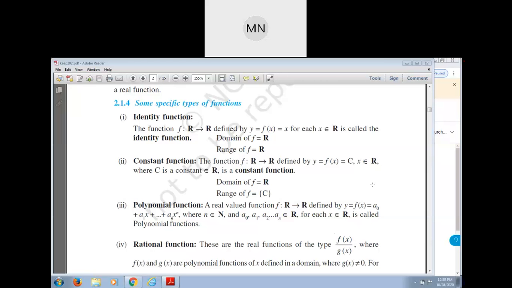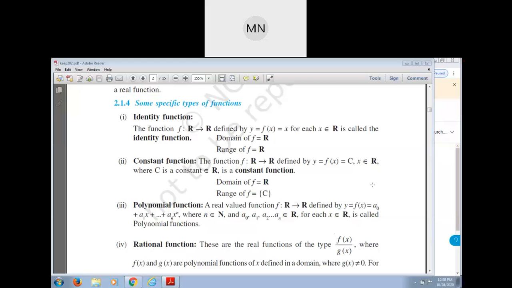Jijumoni, tell me. R. Yeah, it is R. Correct. Because always remember that if we define a function from R to R, then the domain is always R. The first set is always considered as the domain of the function.